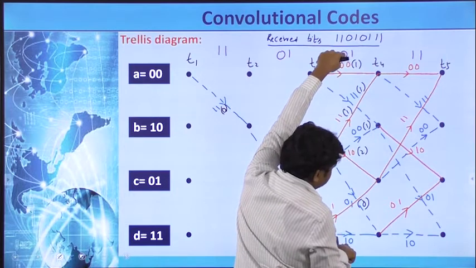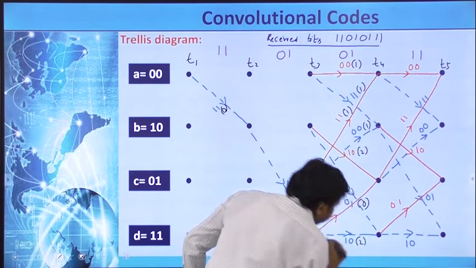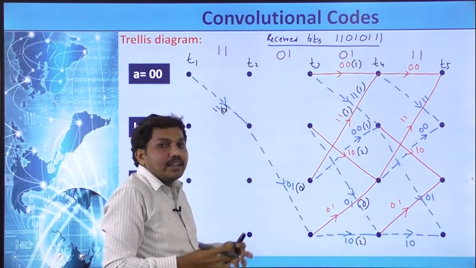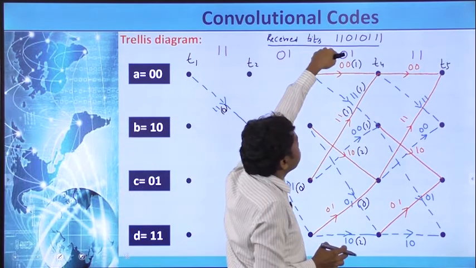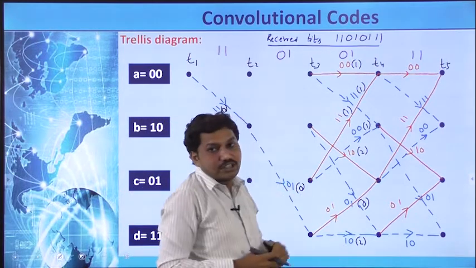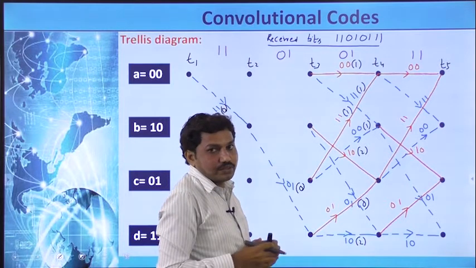What is the Hamming distance between these two? That means the received sequence and output sequence. Here it is 0, 1. This one is 1, 0. So that is the Hamming distance. That means find the Hamming distance between the received sequence and the coded sequence from T3 to T4 for all the branches.